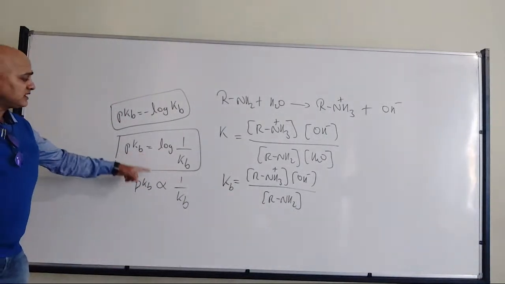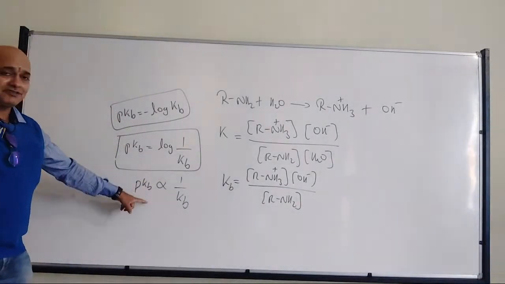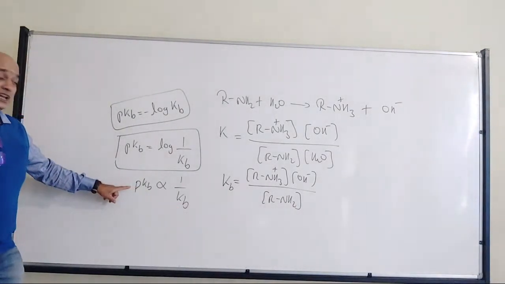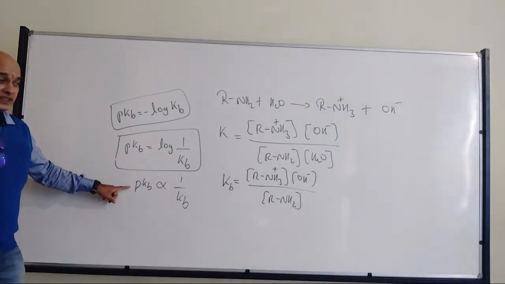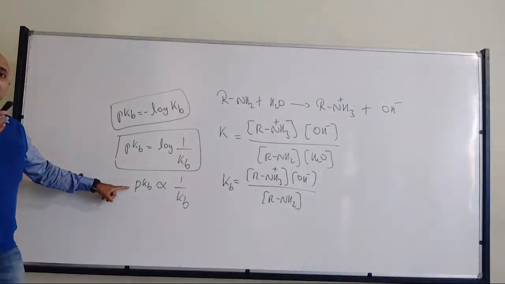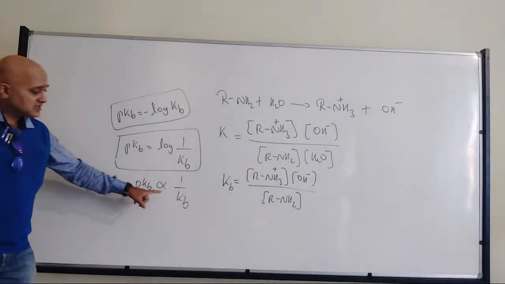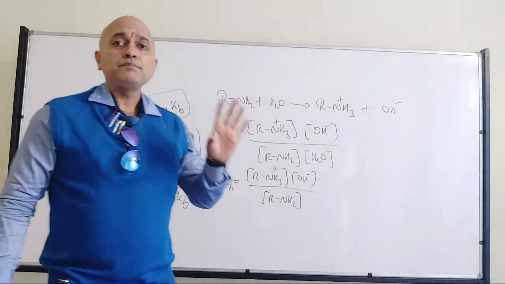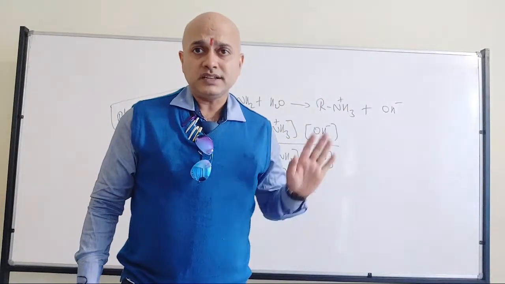That's what I can conclude from these two equations. As there is an increase in the Kb value, pKb value has to decrease. As there is a decrease in the Kb value, pKb value should increase. So that is the relation between pKb and Kb, just like pH and H plus concentration.